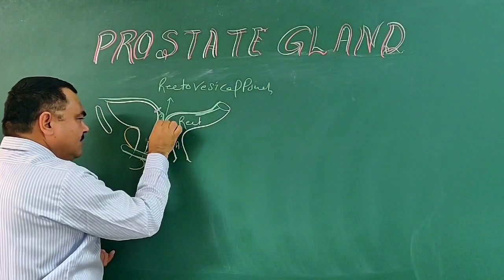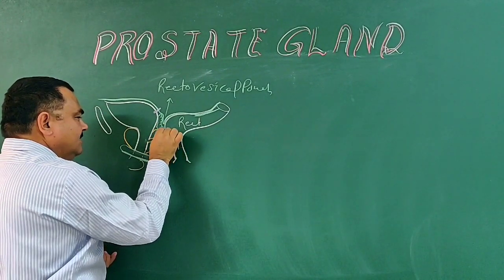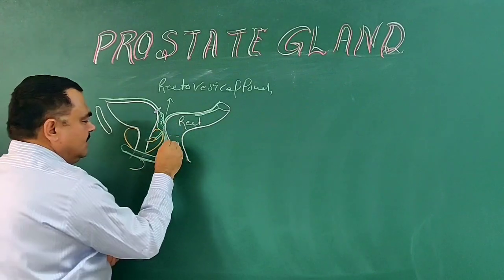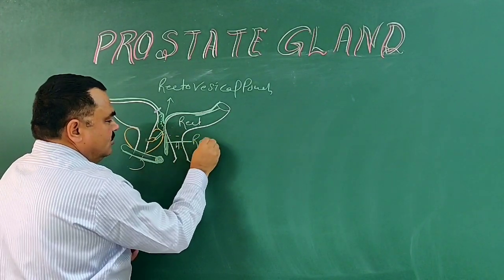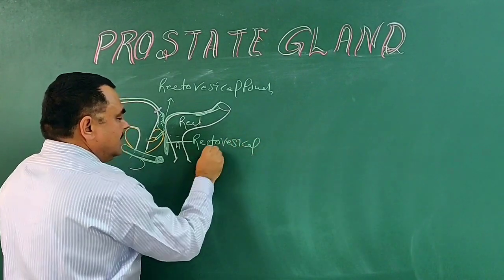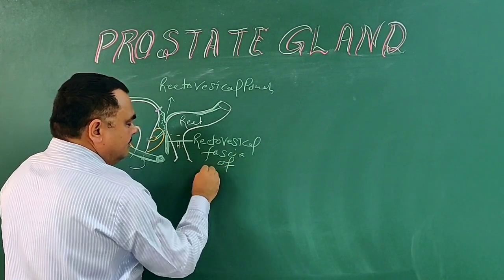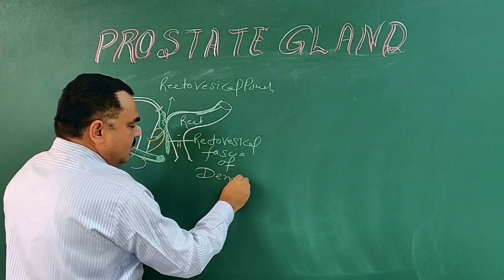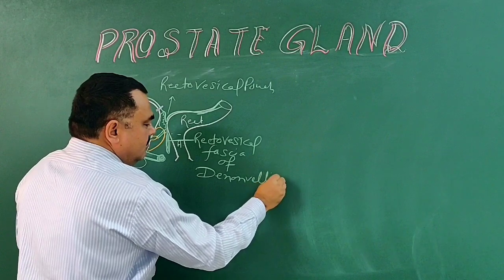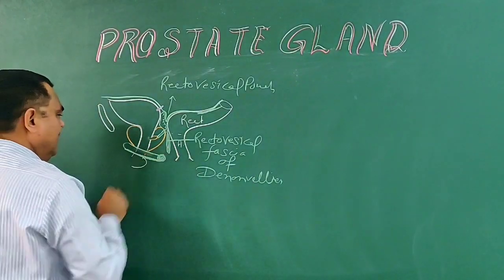And here is the recto-vesical fascia of Denonvilliers. So this is the recto-vesical fascia of Denonvilliers.